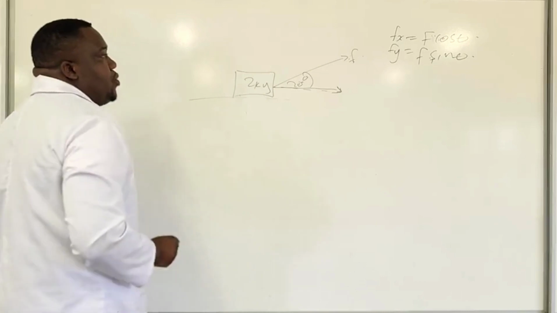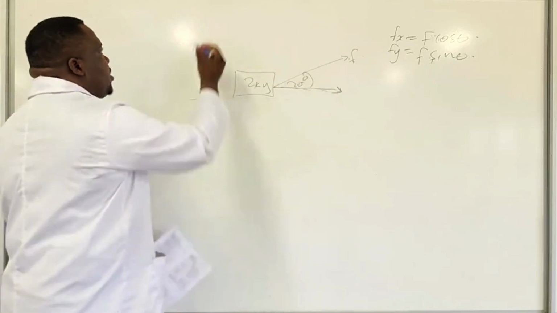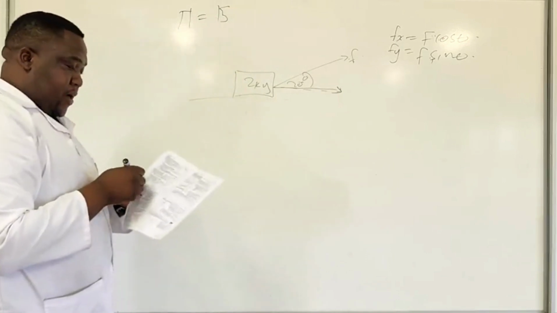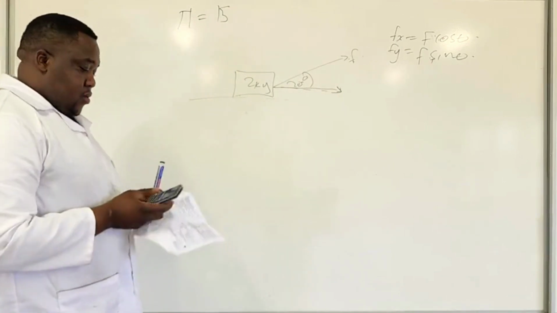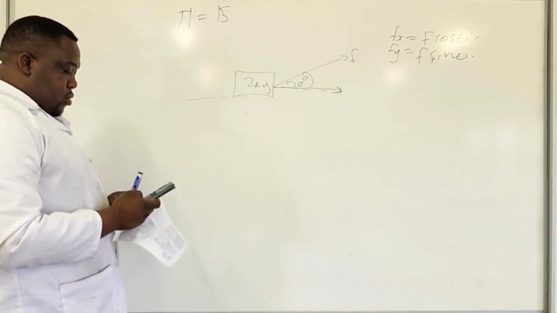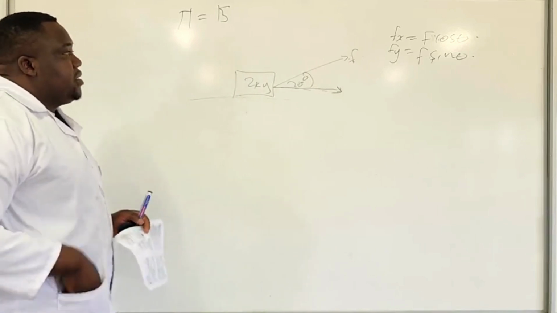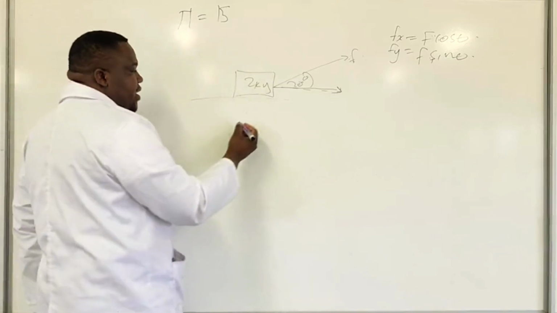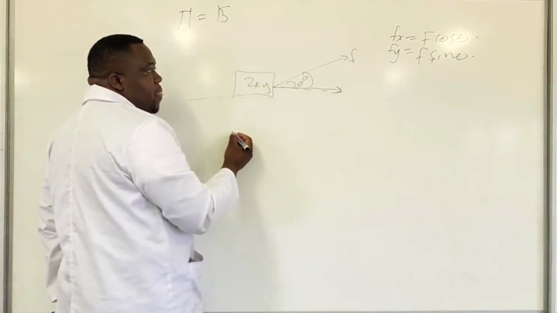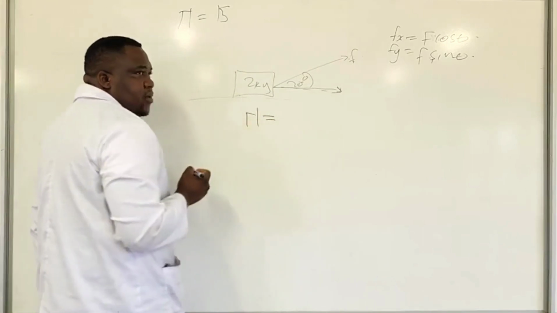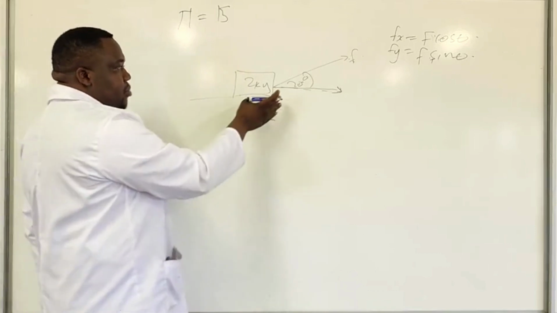Since now we have the normal force, which is equal to 15, whereby we divided 3 by 0,2, we got 15. So if we want to calculate the force F, we need to know what the normal force is for this object.